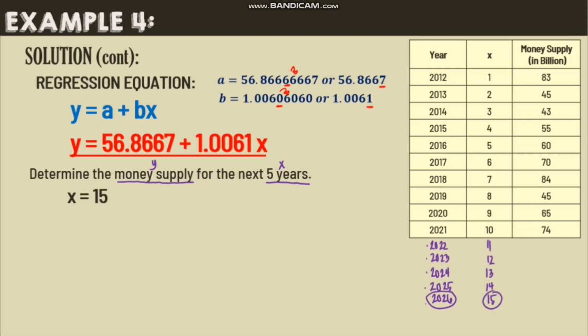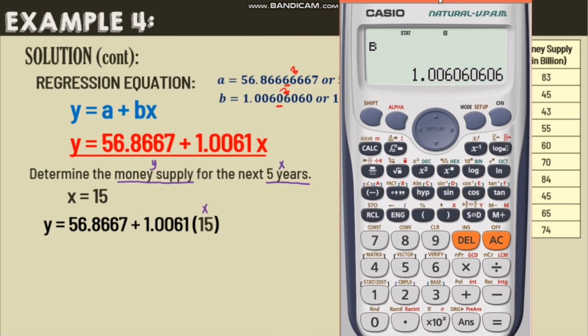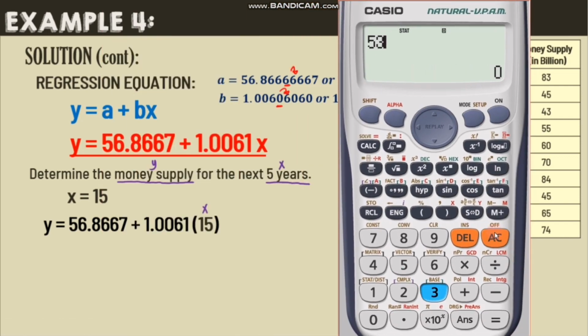Alright? So, gamitin natin yung ating y. Substitute po natin yung x natin na 15. Okay? And then, for the calculator, compute lang natin sa calcu. We have 56.8667 plus 1.0061 times 15. Okay? Equals. So, therefore, meron tayong 71.9580.